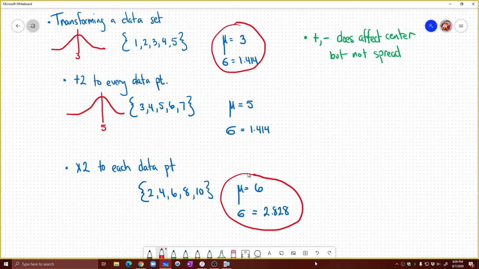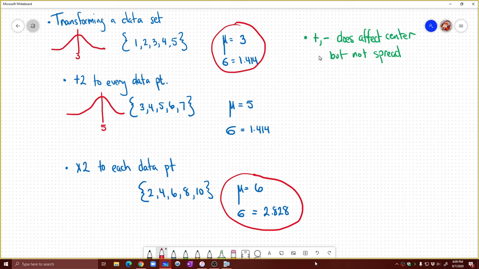So the mean doubled because we doubled all the data points. But also notice what happened to the standard deviation. The standard deviation also doubled because if you look at the original data points, you get an indication of what's happened. The spacing between the points also doubled. So now notice 2, 4, 6, 8, 10. They each now have a gap of 2 as opposed to before it was a gap of 1.